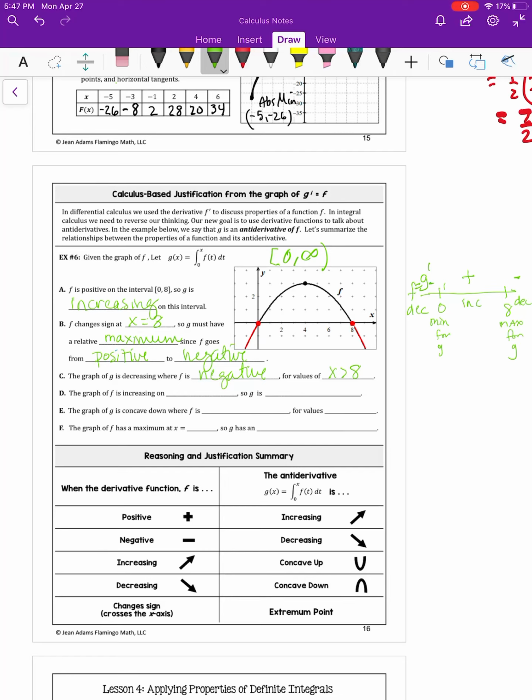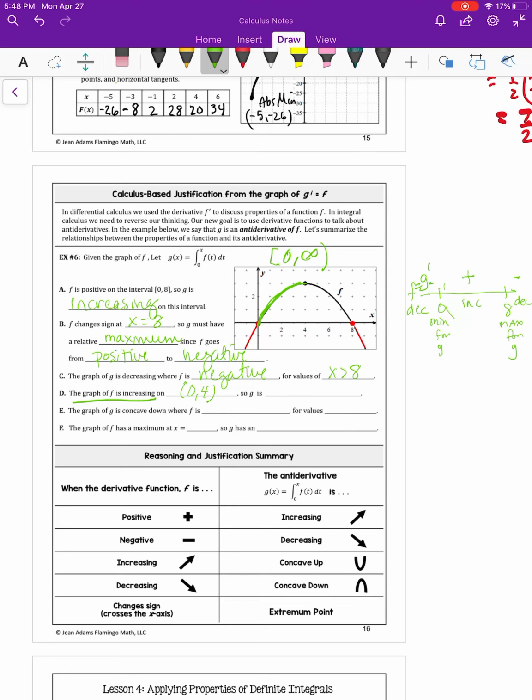And then the graph of f is increasing on (0, 4). You have to be careful because this tells you where g is increasing, but if you're talking about f increasing, this is f, so it's increasing from 0 to 4. So please be careful when you have problems like this.